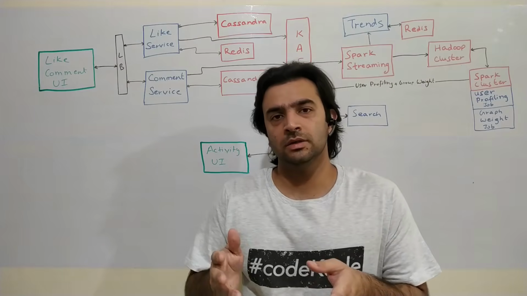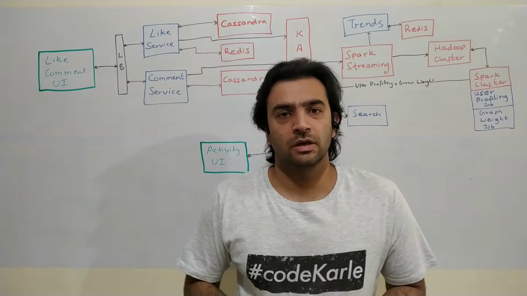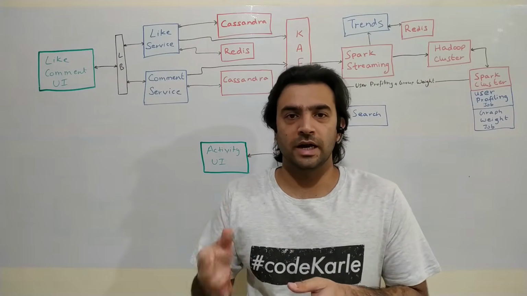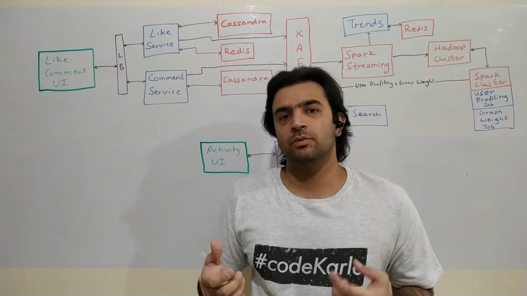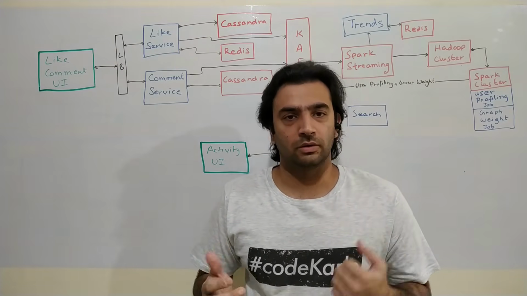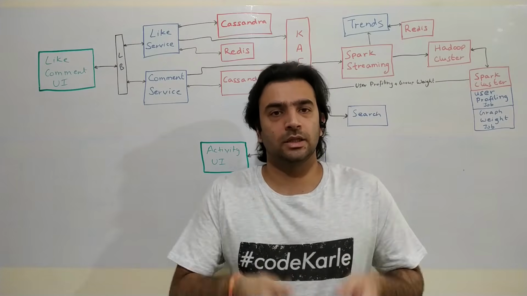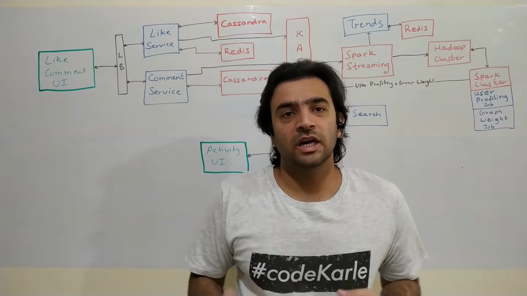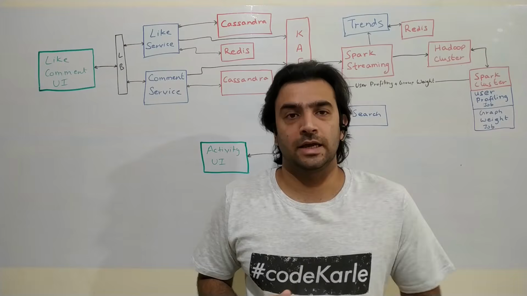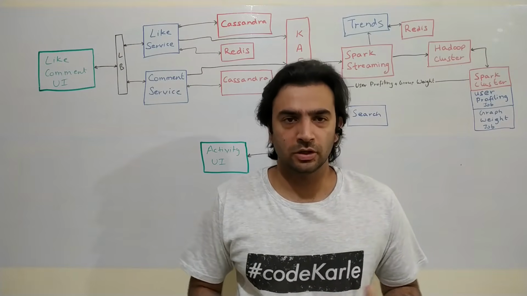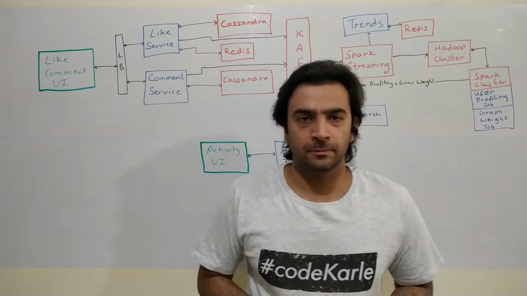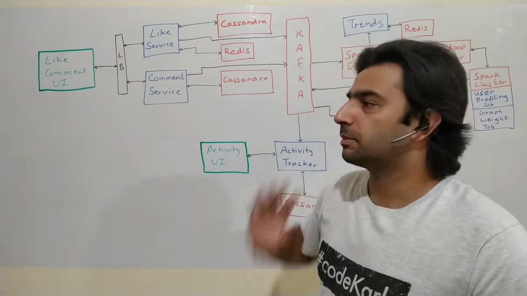So we can add a post type, saying post ID so and so, and the post type could be either a post or a comment or anything, and then the user who's liked it. Alternatively, if you want to add more types of likes, like upward, downward, or something of that sort, you could add a like type also in that.